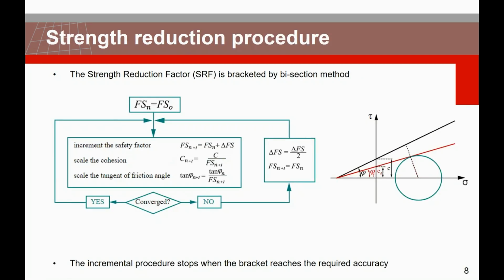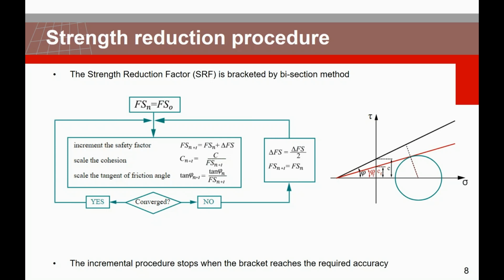So let's have a deeper look at the strength reduction procedure in Diana. In a strength reduction analysis, first the self-weight and additional loads are applied on the structure using a standard phased or non-phased nonlinear static analysis, and an equilibrium state is obtained.